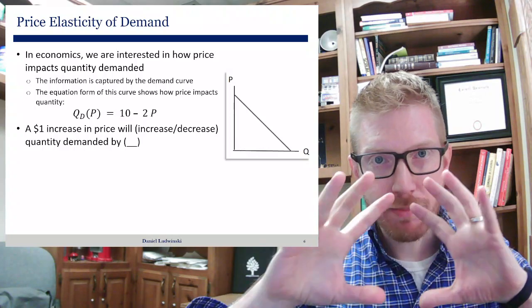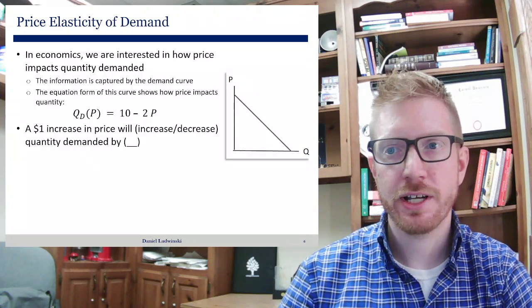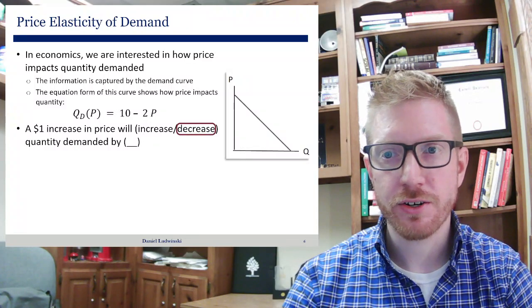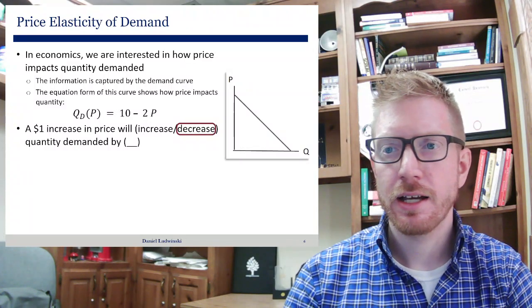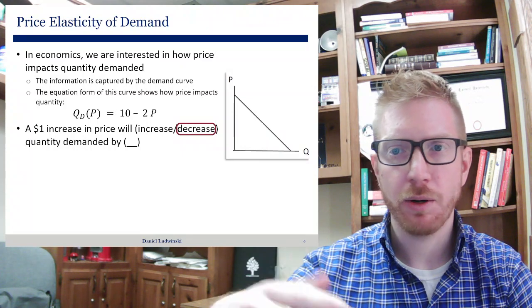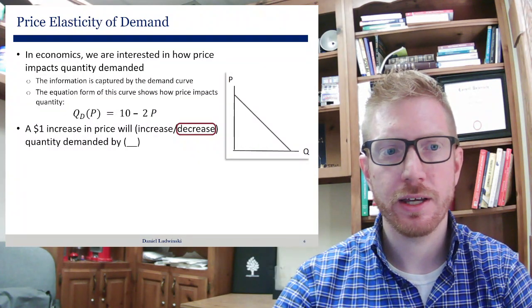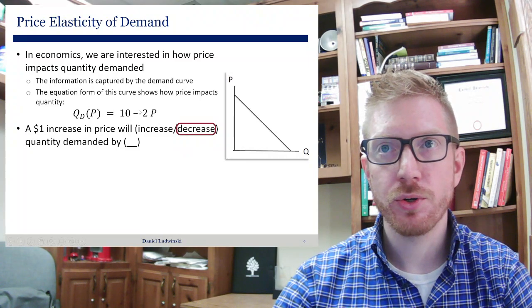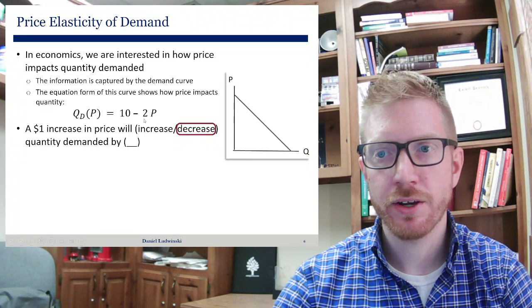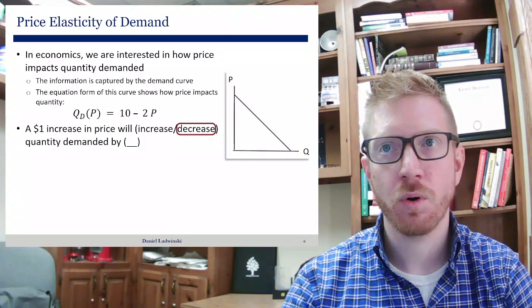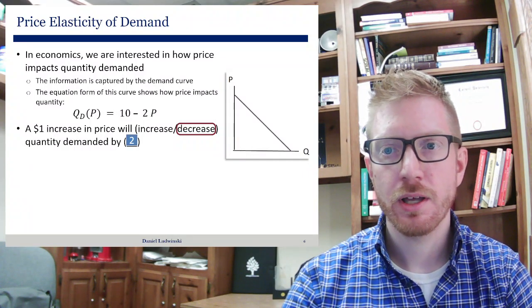Hopefully you remember the law of demand, which tells us that an increase in price leads to a decrease in quantity demanded. And we also know that that $1 increase, because we have the slope of 2, the coefficient of -2 here, is going to decrease quantity demanded by 2.